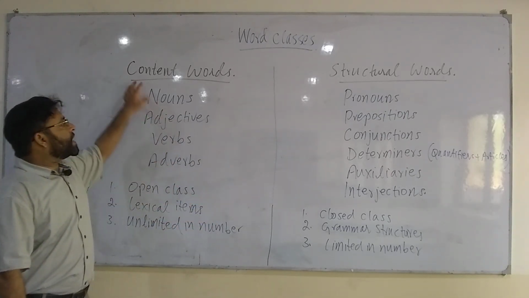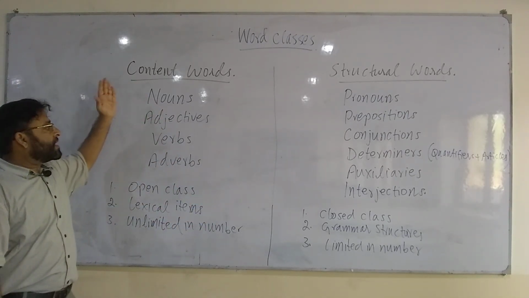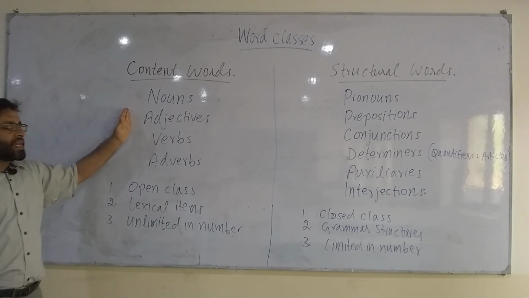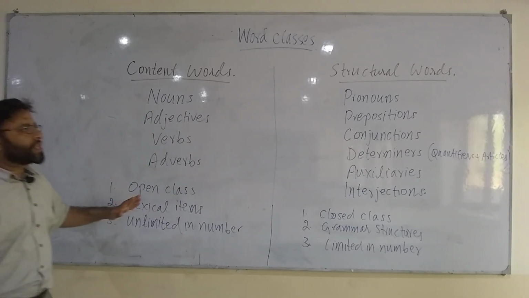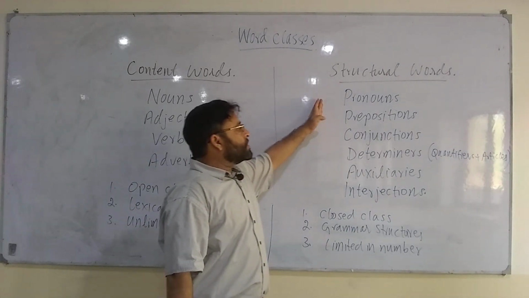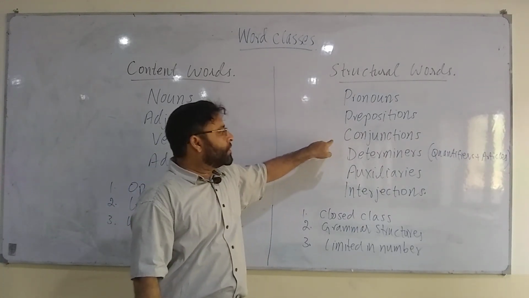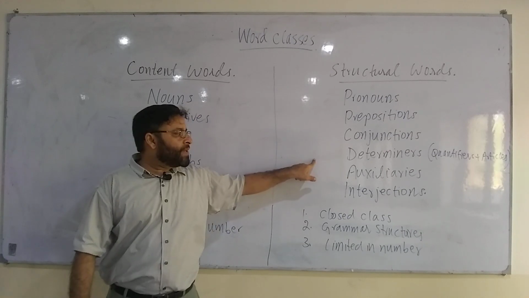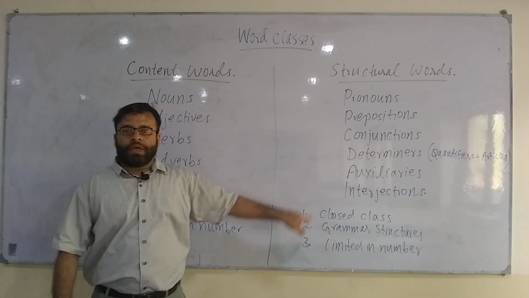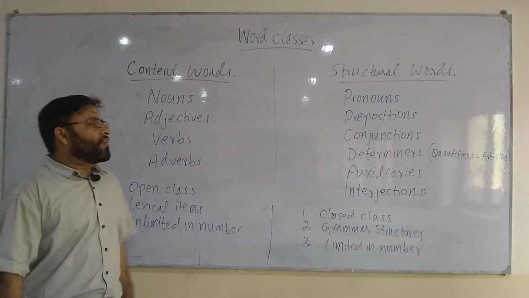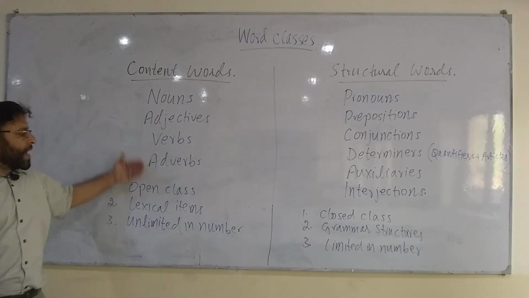For example, content words are nouns, adjectives, verbs and adverbs, whereas structural words are pronouns, prepositions, conjunctions, determiners, auxiliaries and interjections. Now, why have they been classified this way?